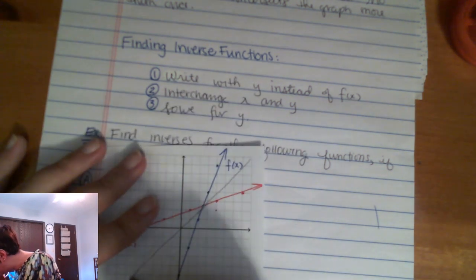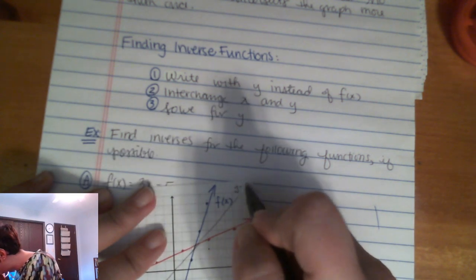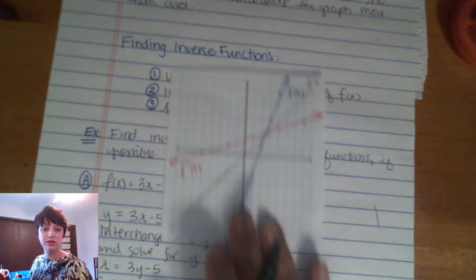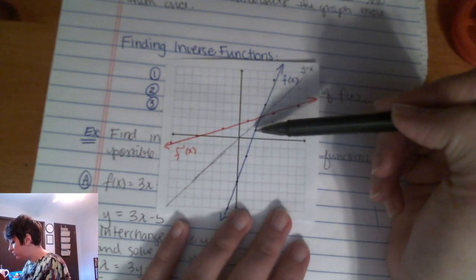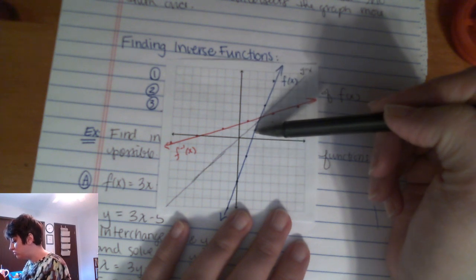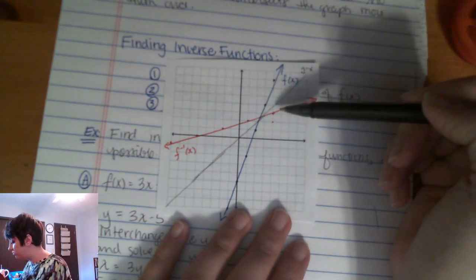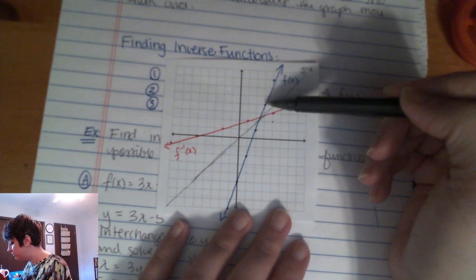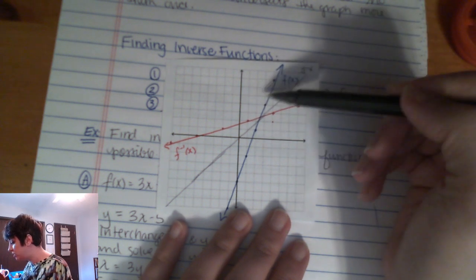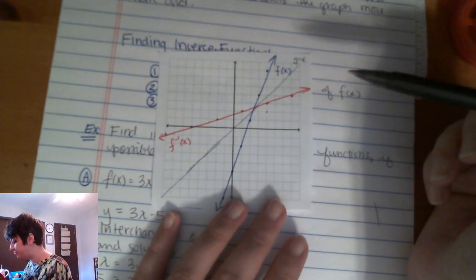And when I did this, I graphed the blue using point-slope, and then, well, blue has the point (2, 1), so red would have the point (1, 2), and I plotted that point. Blue has the point (3, 4), so red has the point (4, 3), and that's how I made my inverse function graph.